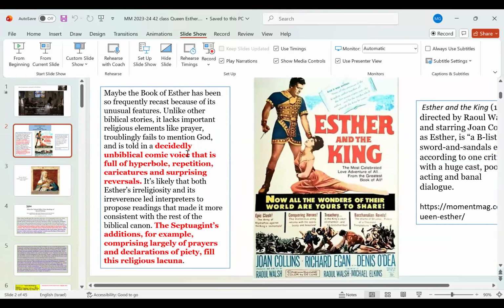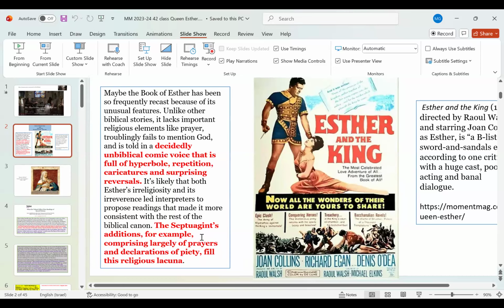It doesn't mention God, except very indirectly, where it uses makom, which people say includes God in there. It's full of hyperbole, a lot of repetition. The book is much too long. Good editing could have probably gotten it down to half the size. And then you also have caricatures. You have good people, bad people, and everything's very clear.